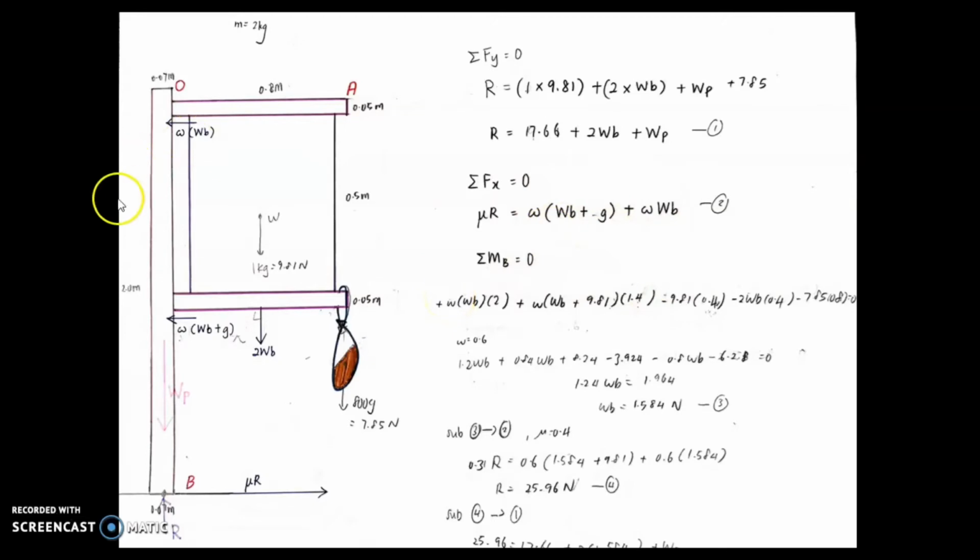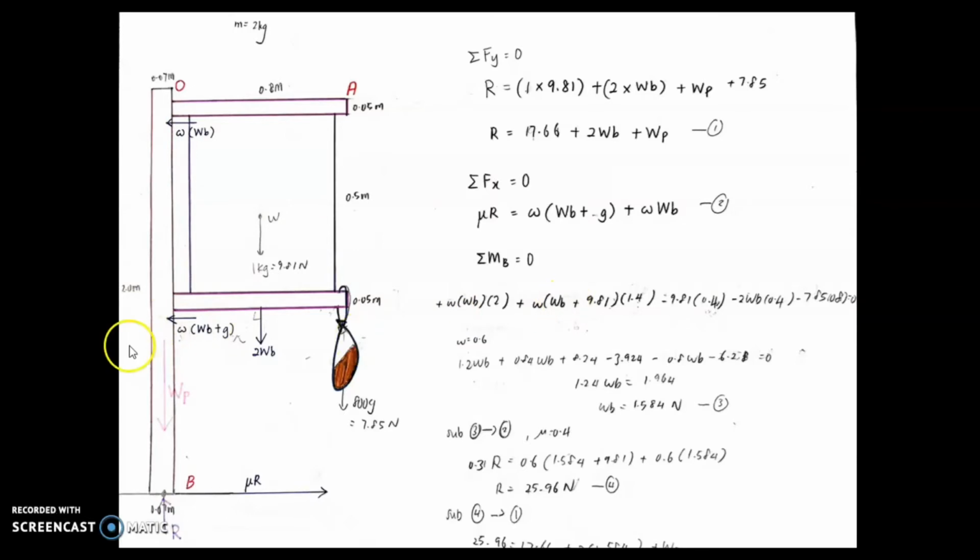Okay. And now moving to the moment, since the whole system is in equilibrium, the moment at any point equals 0. Now we choose point B, and at point B, this force is acting towards the left, and we can see it has a 90-degree angle to point B, and it's turning anti-clockwise, so the symbol is plus here.